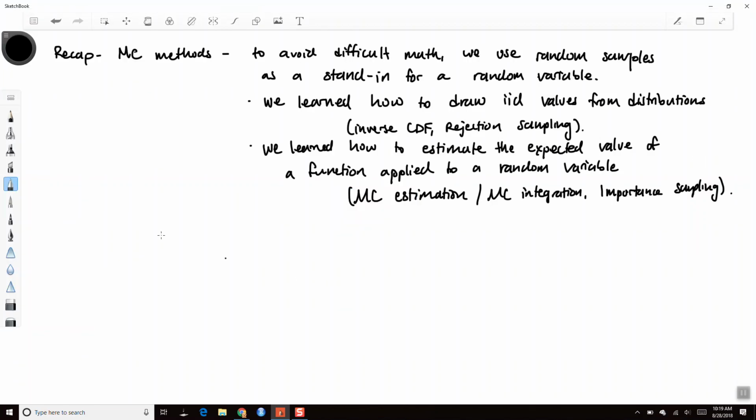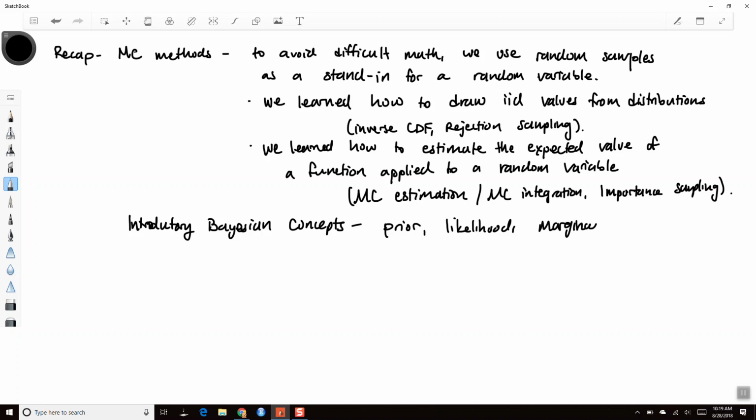And then we had some introductory Bayesian concepts. Basically the prior, the likelihood, marginal, and posterior.